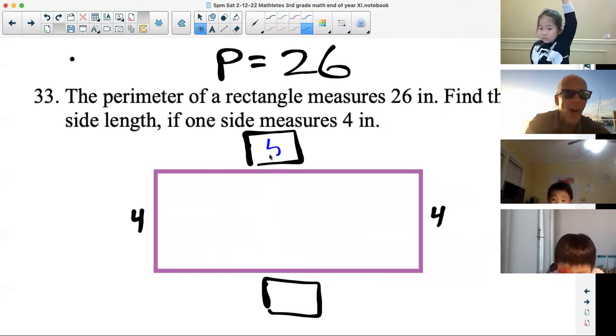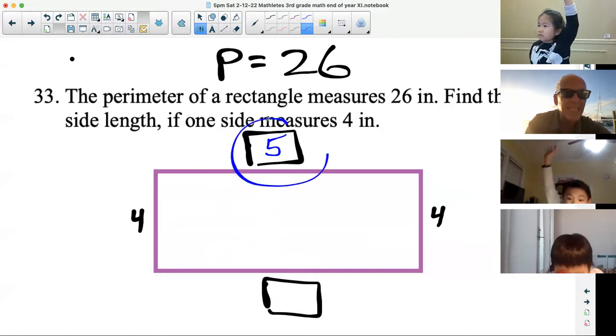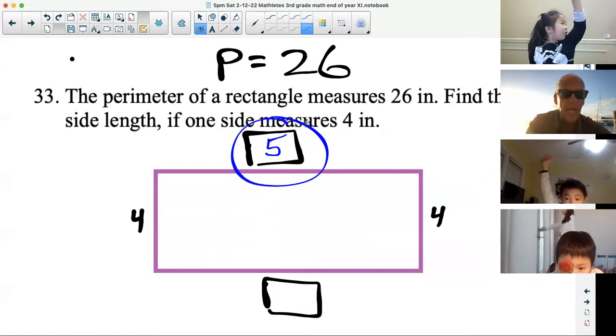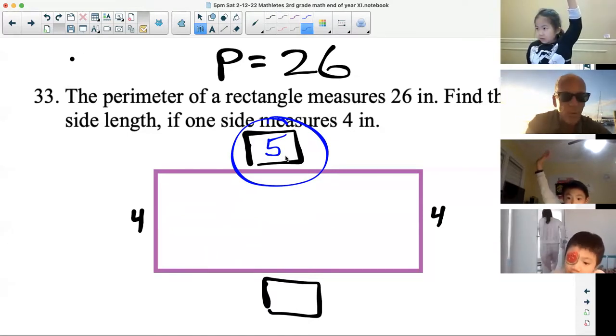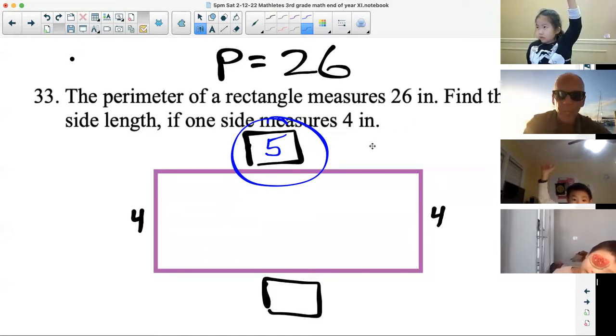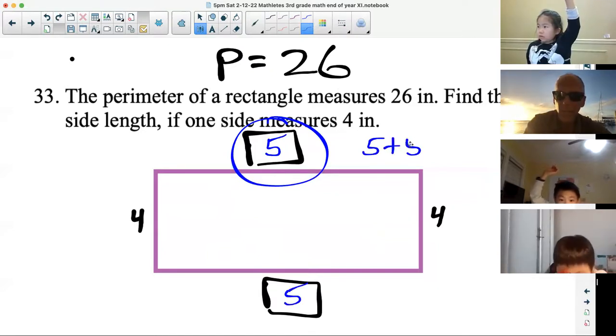So you think this is 5? Yeah. Jason F, is this side length 5? Yes. Okay, now, if that's true, the perimeter would be 5 plus 5 plus 4 plus 4.